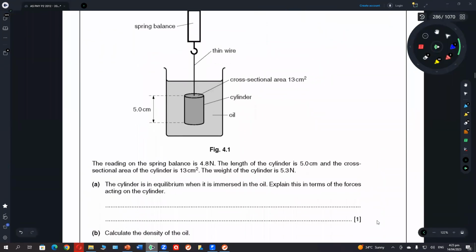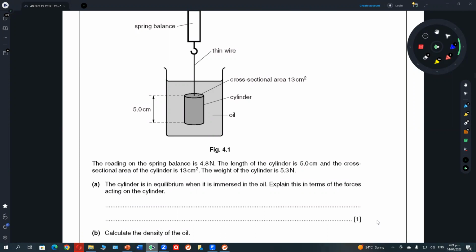The cross-sectional area is 13, the cylinder, oil, thin wire, and the length of the vertical side is 5 centimeter. The reading on the spring balance is 4.8. The length of the cylinder is 5 and the cross-sectional area is 13. The weight of the cylinder is 5.3. The cylinder is in equilibrium when it is immersed.